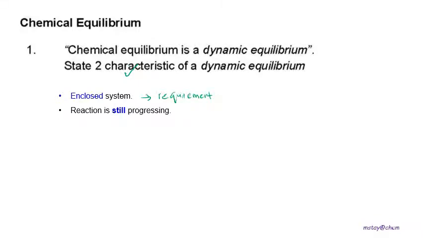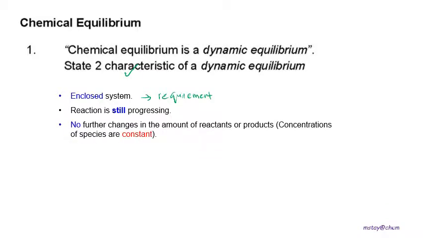Next, the reaction is still progressing. No further changes in the amount of reactant and product, or the concentration is kept constant. This is a very general characteristic that makes it easier to differentiate dynamic equilibrium from an irreversible reaction.